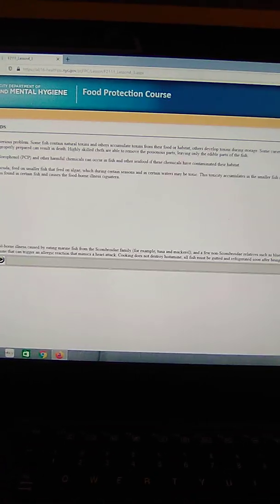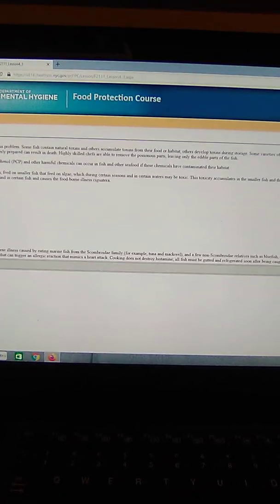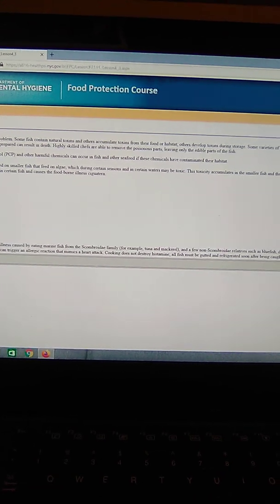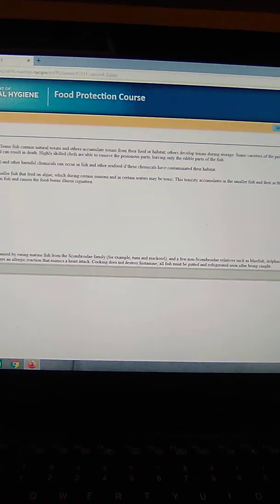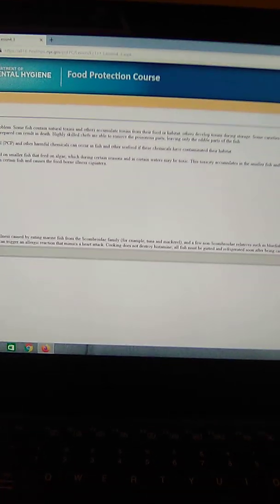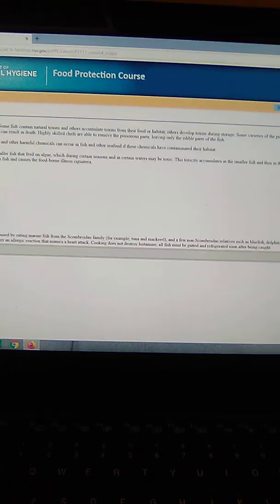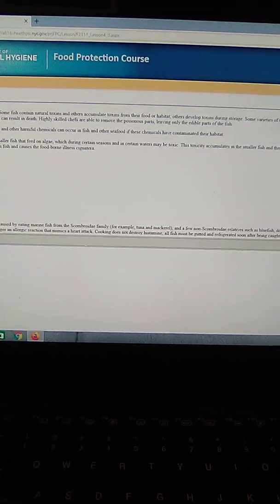Certain predatory fish, such as barracuda, feed on smaller fish that feed on algae, which during certain seasons and in certain waters may be toxic. This toxicity accumulates in the smaller fish and then in the larger fish that eat them.